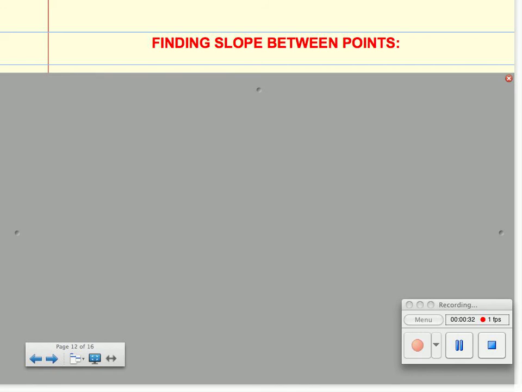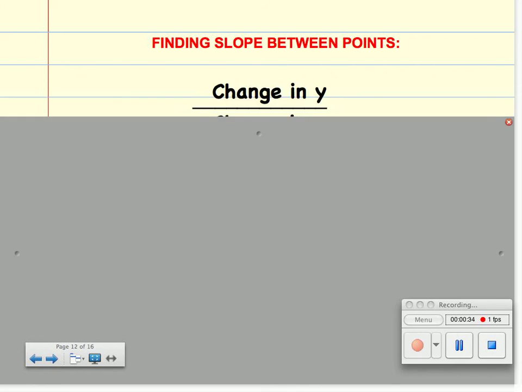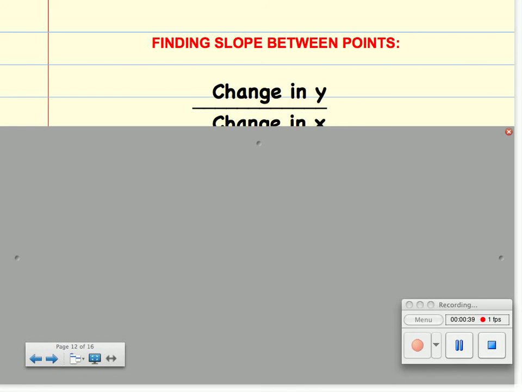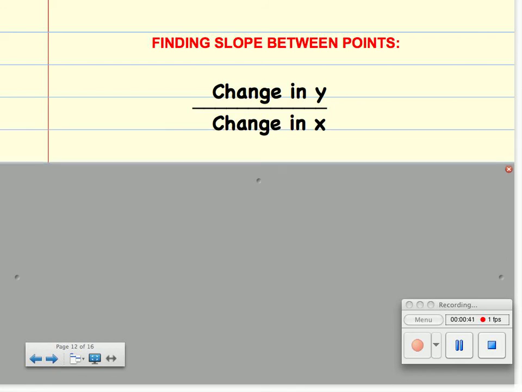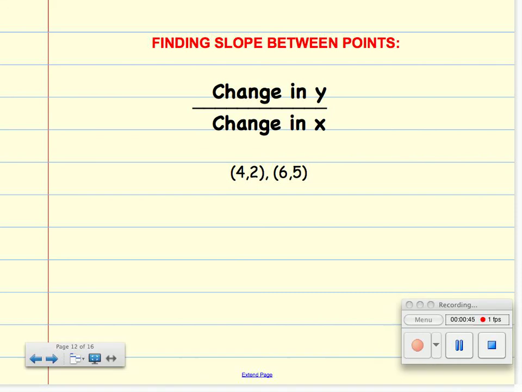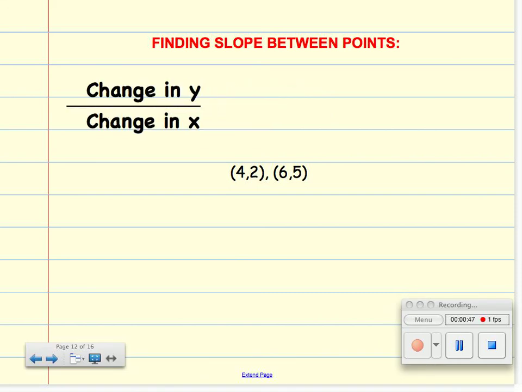How can you find the slope between 2 points? What you're really looking for is your change in y over your change in x. When you think about change in y as a slope, think about how you changed in your height from like 6th grade to 8th grade.